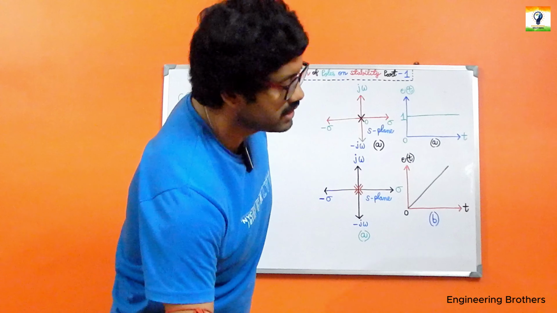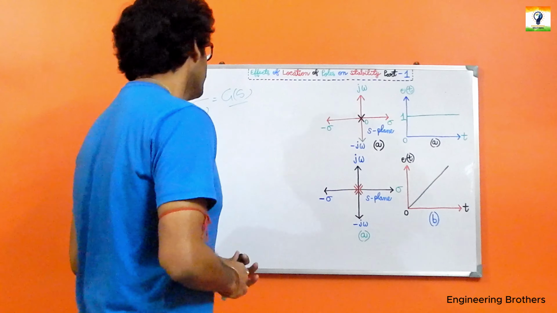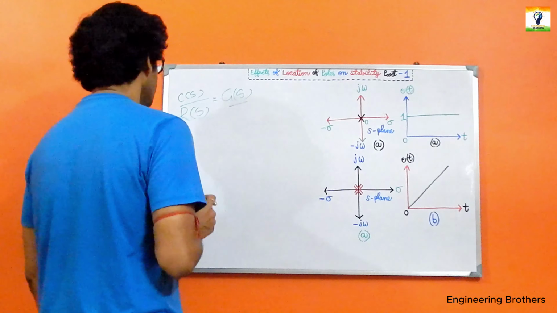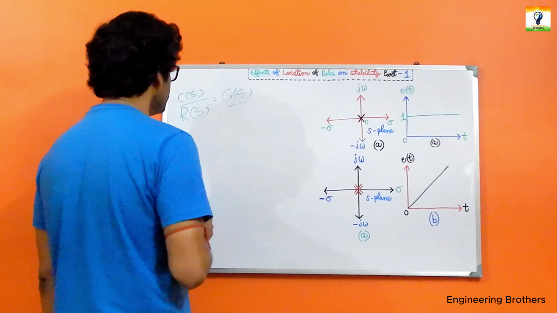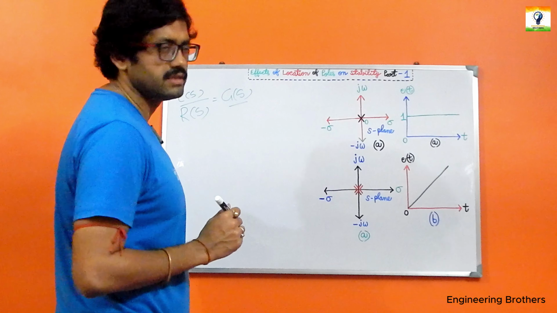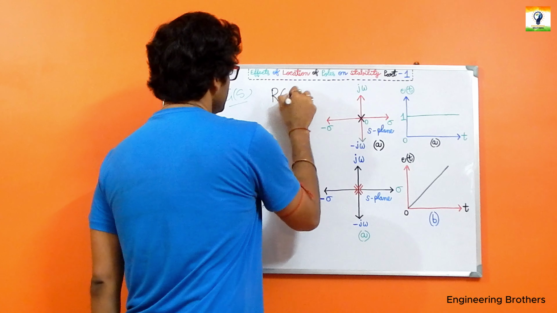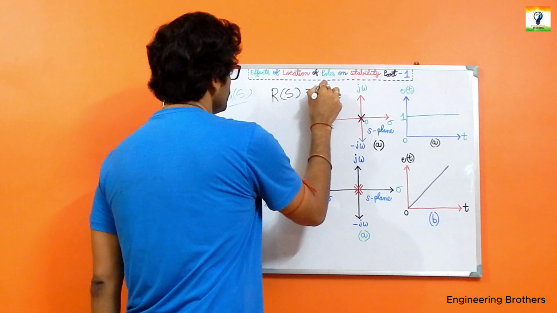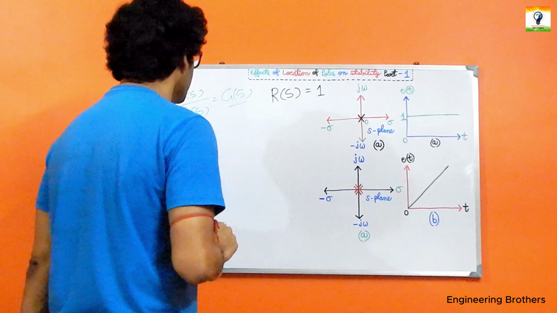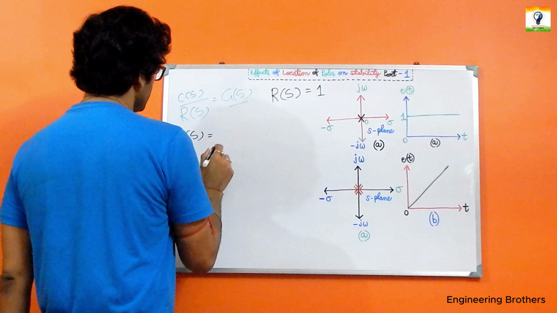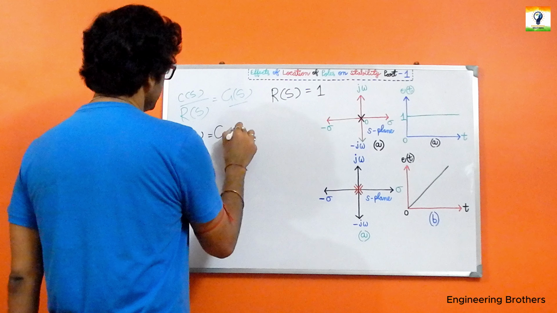Now quite naturally, for the first condition, if you apply the impulse response in this case, R(s) will be 1. Now C(s) will quite naturally be our G(s).